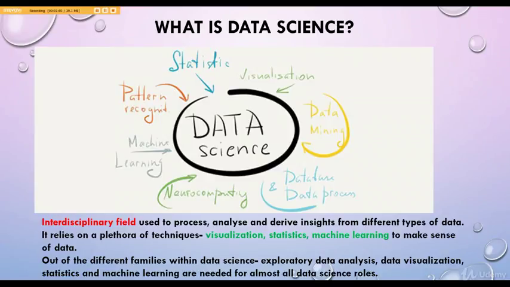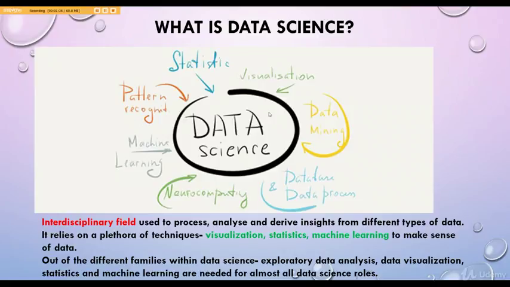So then what is data science? Data science is an interdisciplinary field which is used to process, analyze and derive insights from different types of data. It relies on a plethora of techniques including visualization, statistics and machine learning, and you can see all of these here, things like machine learning, visualization, statistics, neurocomputing, all of them feed into data science and in turn help us make sense of the different types of data out there in this world.